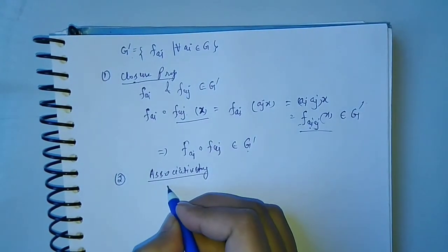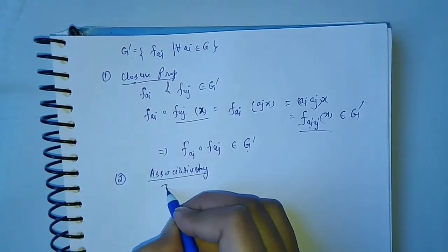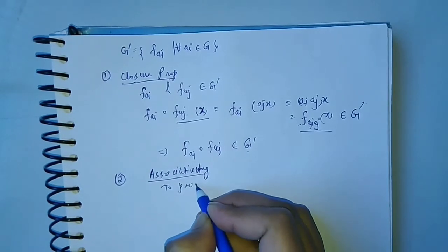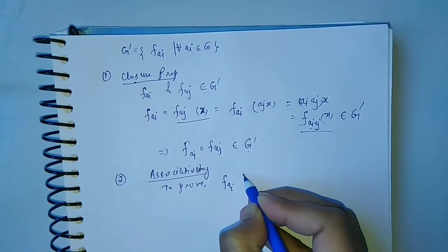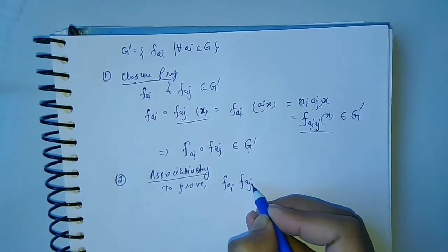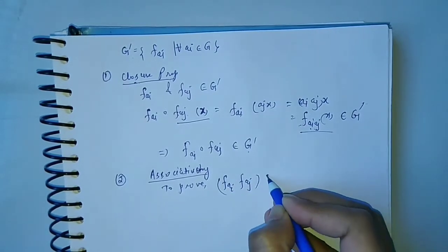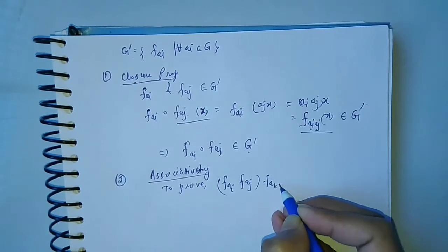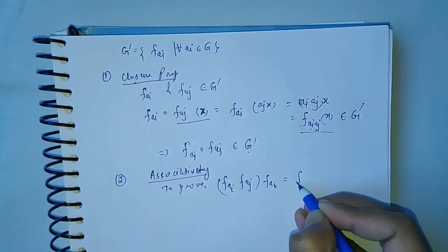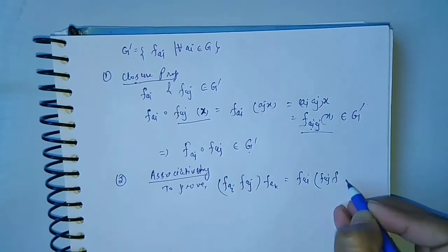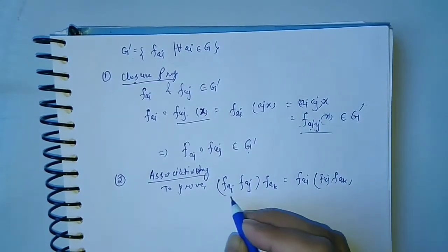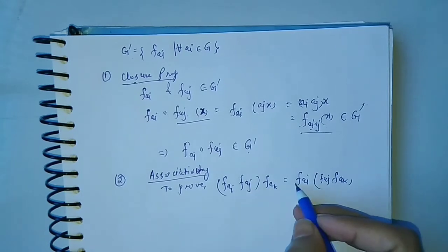For this we have to prove that f(ai) f(aj) and f(ak) is equal to f(ai) f(aj) f(ak), like this. So we have to prove that this is equal to this.